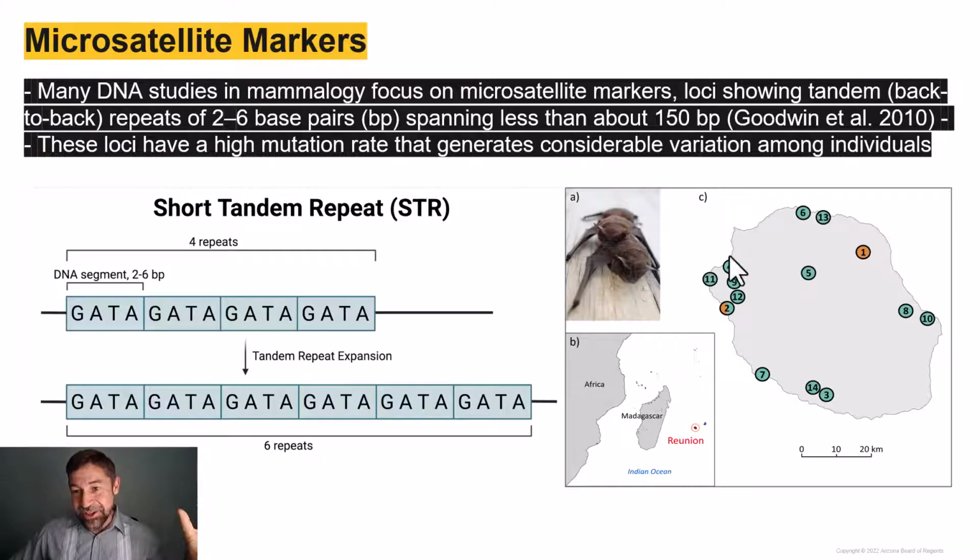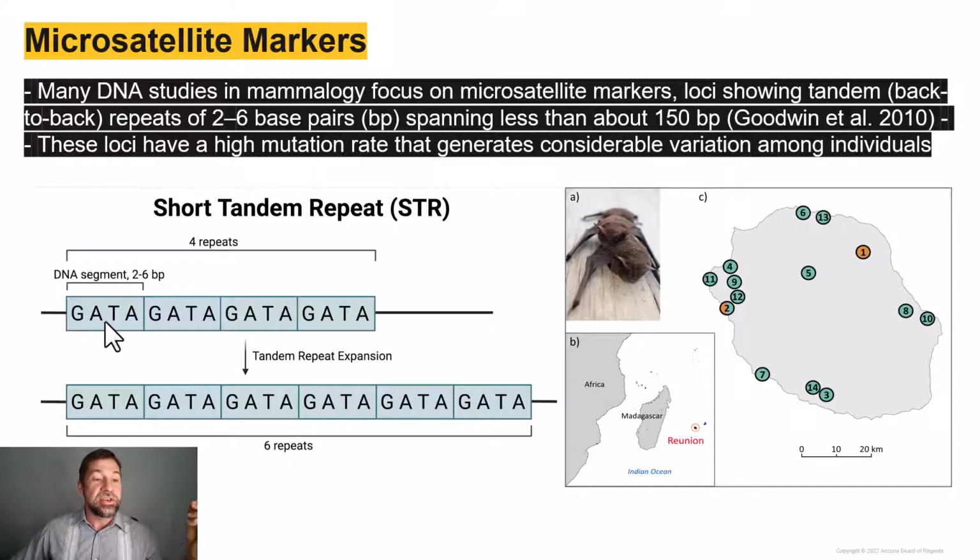This is a recently published study on the relatedness of a population of bats from Reunion Island, and they used these microsatellite markers. So maybe individuals from this bat colony show 4 of these 4-nucleotide short tandem repeats, or STRs.